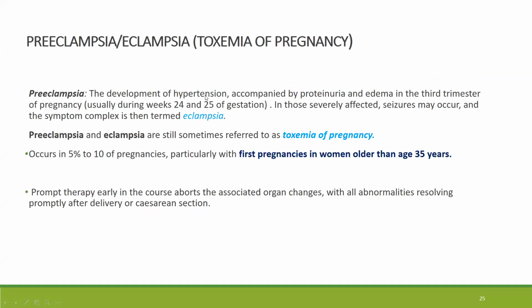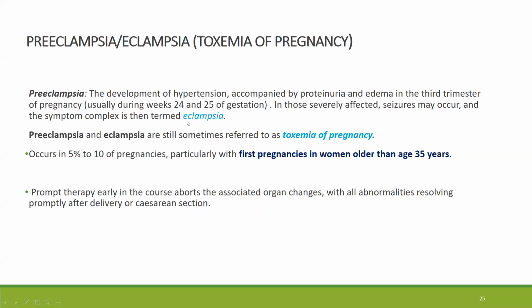Pregnancy, preeclampsia or eclampsia, toxemia of pregnancy. Preeclampsia is a triad: hypertension, proteinuria, and edema. And it is seen in the third trimester of pregnancy. You will go through the preeclampsia and eclampsia in detail in the clinical lecture.